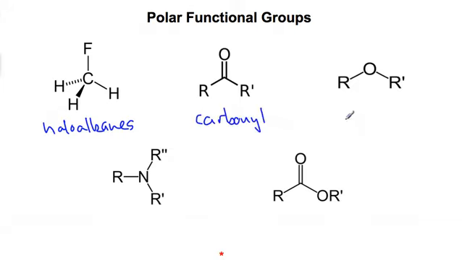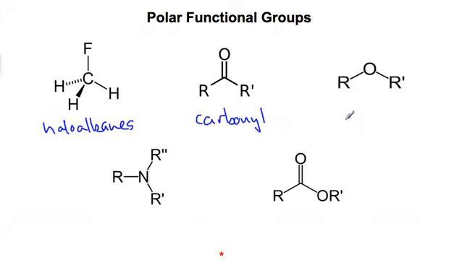So those 5 functional groups would all exhibit the type of intermolecular force known as dipole-dipole, because these are all going to be polar molecules. So these all show the dipole-dipole forces as a minimum.